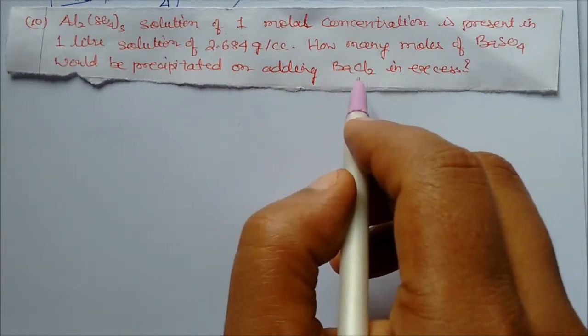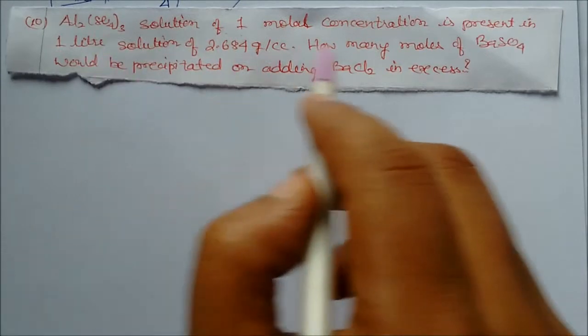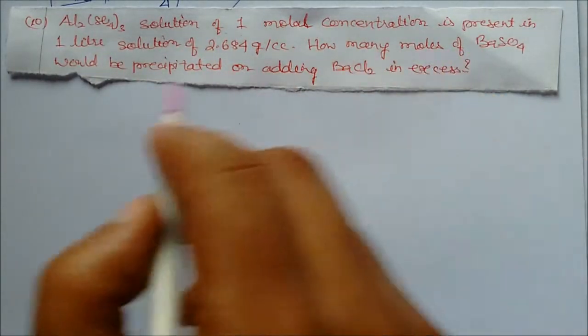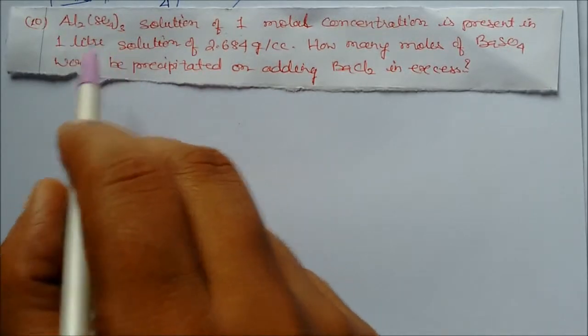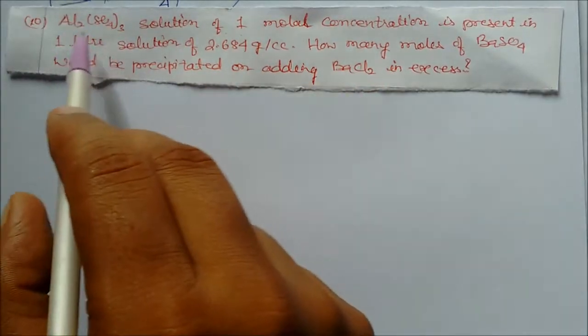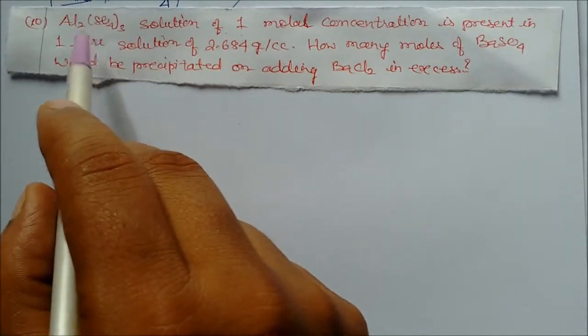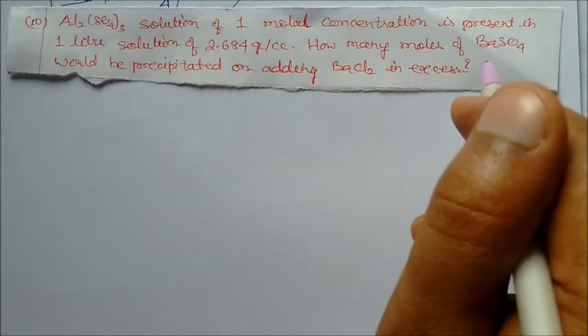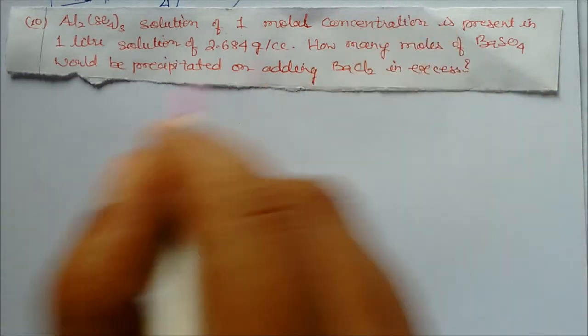Means if you add barium chloride to the sulfate solution, it will form barium sulfate. So all sulfate will be added to the barium, and it will precipitate. So this we need to find out.